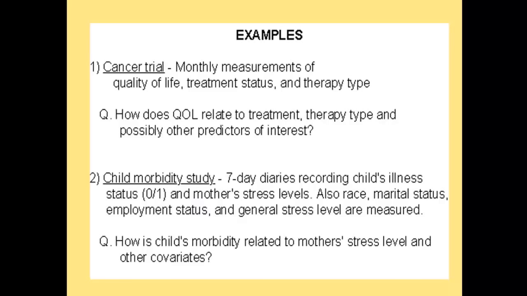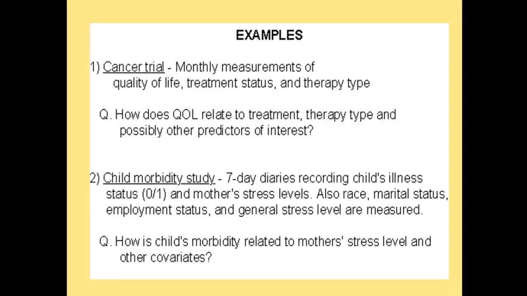Okay. What about the variables involved in this study? What's the main variable of interest according to what was stated here? Mother's stress level. What kind of a variable is that?